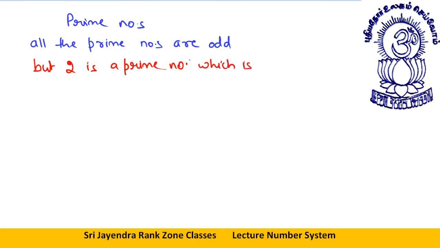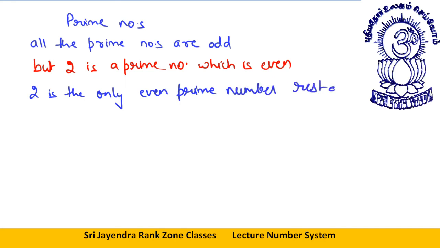So 2 is the only even prime number. Rest all other prime numbers are odd. This is one thing.